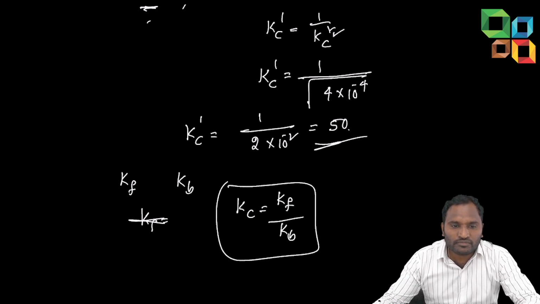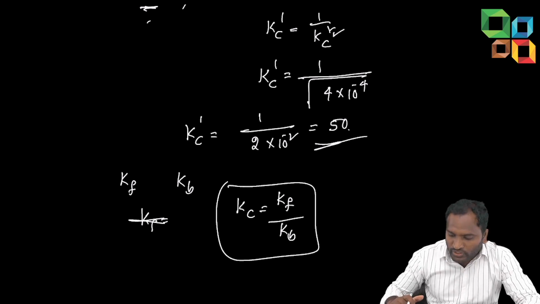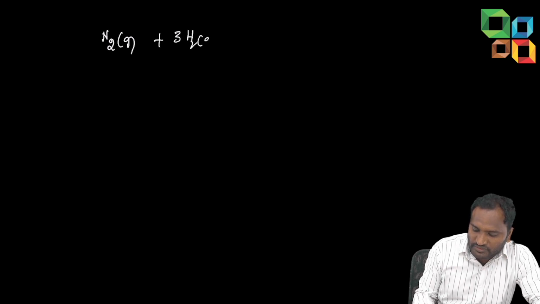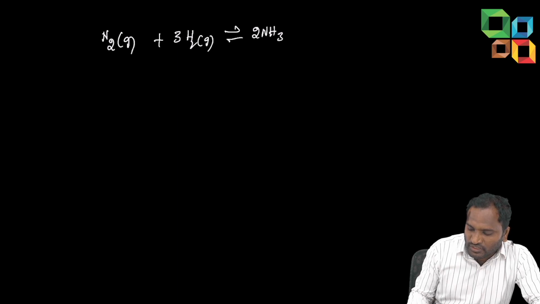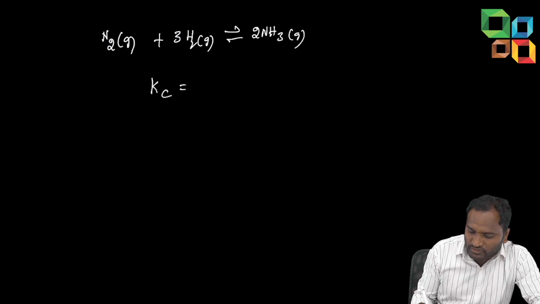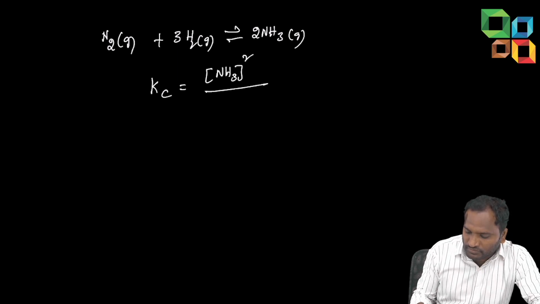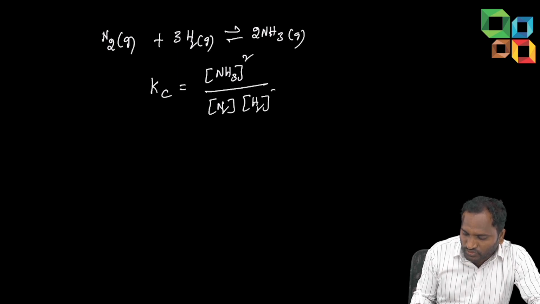And regarding units, students, a very good question you asked. Suppose N2 gas plus 3H2 gas is in equilibrium with 2NH3 gas. If you want to write the units of this equilibrium constant, Kc is equal to NH3 whole to the power 2 by concentration of N2 into concentration of H2 whole power 3.